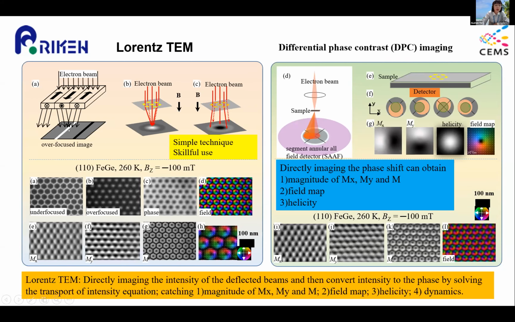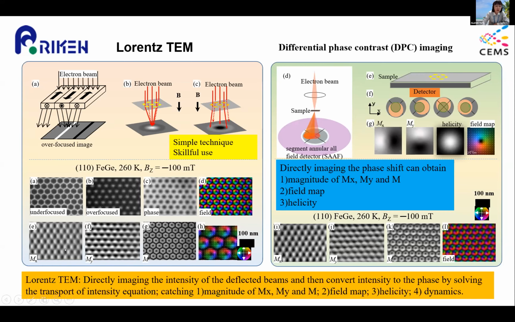It means the Lorentz TEM image cannot directly probe the phase image, but we can solve the transport of intensity equation to convert to the phase image. Once we get this phase image, we can convert it to the in-plane magnetic induction. Here I show you the magnetic field map for the skyrmion lattice in iron germanide.